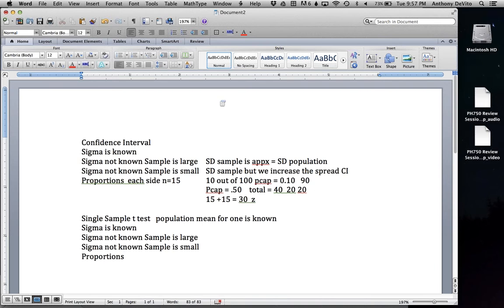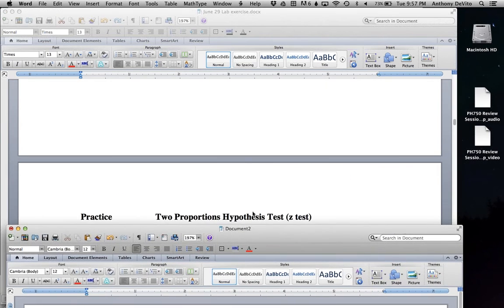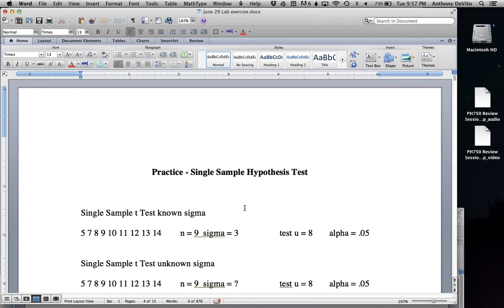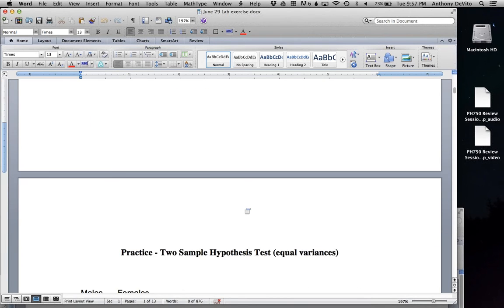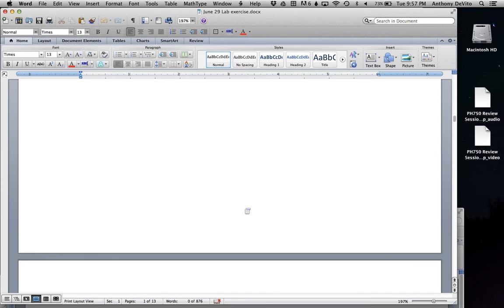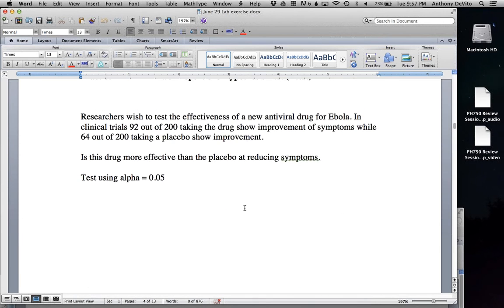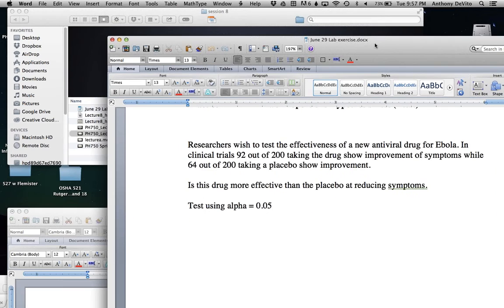Okay, so I'm going to do a couple of examples. I'm going to start with, well, tell you what, we kind of went through these samples before. I didn't go through a proportion.